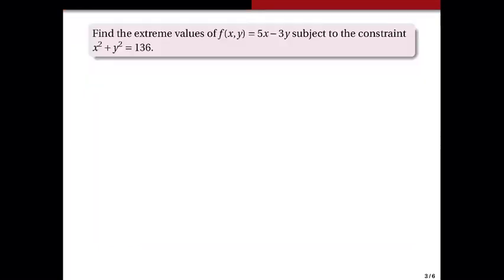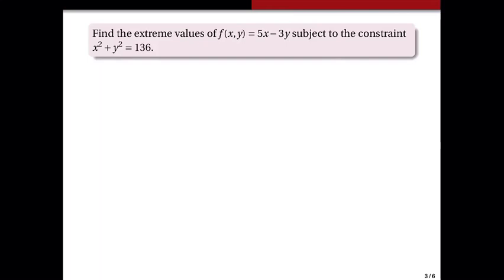Okay, so let's look at this first example. We want to find the extreme values of f of x comma y equals 5x minus 3y, subject to the constraint x squared plus y squared equals 136.